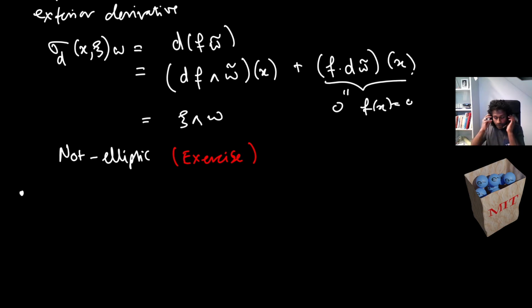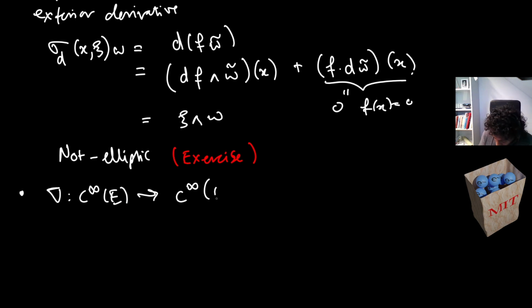A second very important example is a connection, right? This is a map that takes me from C infinity of E to C infinity of T star M tensor E, and it's a connection. So what does that mean?